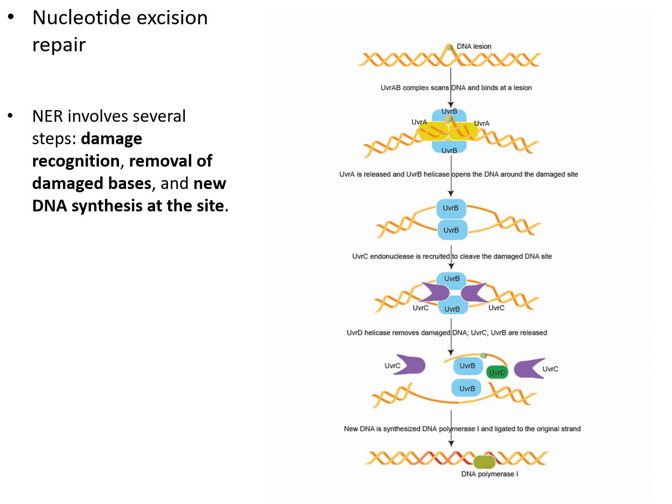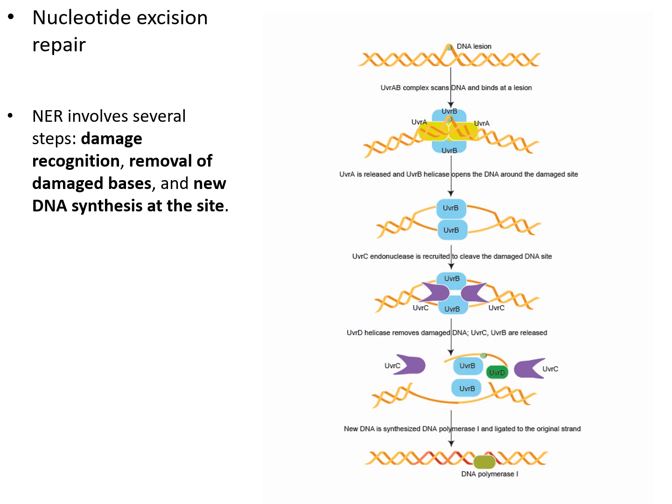Normally the UvrA dimer recognizes DNA damage and binds to the damaged site with UvrB in an ATP-dependent manner. The DNA strands at the site of the damage are separated by the helicase activity of UvrB, and UvrB stably associates with the DNA, while UvrA dissociates. UvrC, which has endonuclease activity, is then recruited to the UvrB-DNA complex and cuts on both the 5' and 3' sides of the lesion.